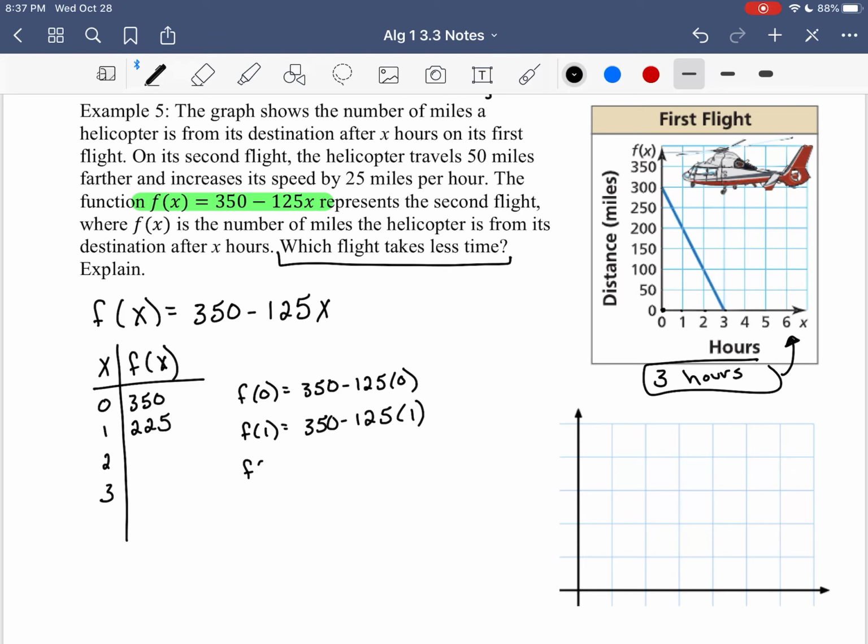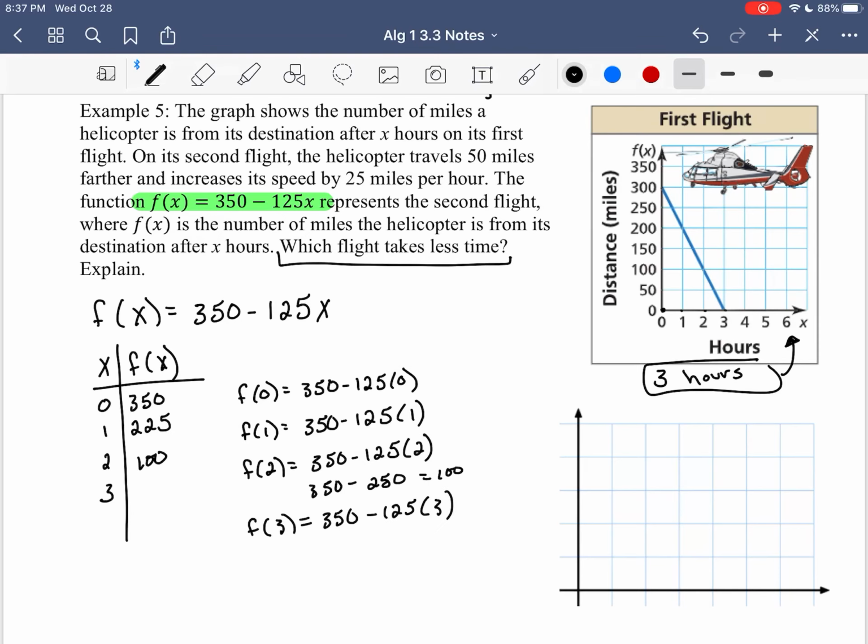2 hours, f of 2. 350 minus 125 times 2. 125 times 2 is what, 250? So 350 minus 250 is 100. Okay, now 3 hours, f of 3, 350 minus 125 times 3.